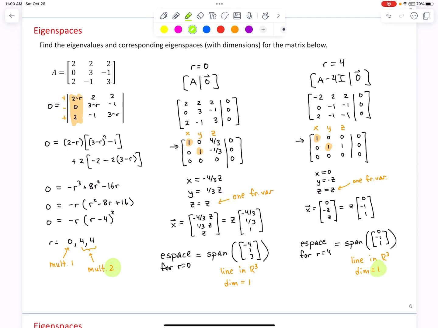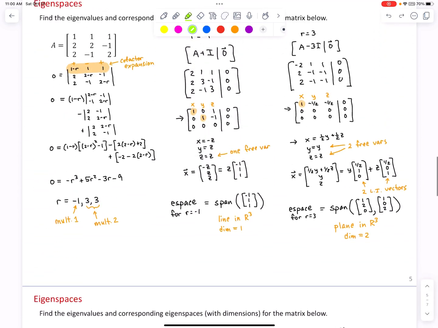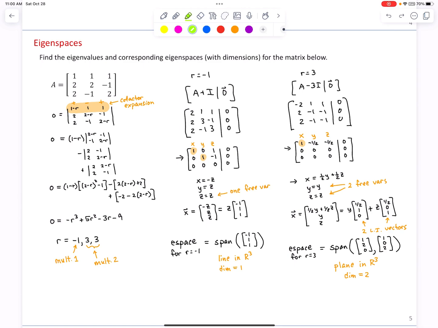But the maximum dimension would have been 2, since that is the multiplicity of 4. Looking at the previous example, eigenvalue 1 had a multiplicity of 1, therefore you're going to have a dimension of 1. Eigenvalue 3 had a multiplicity of 2, and it also had a dimension 2. So there are cases where the dimension will match the multiplicity, but it cannot exceed it.